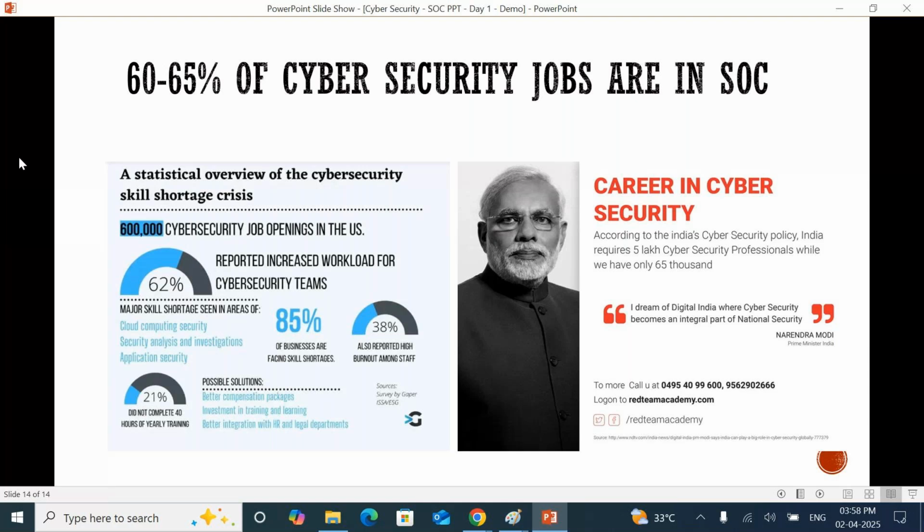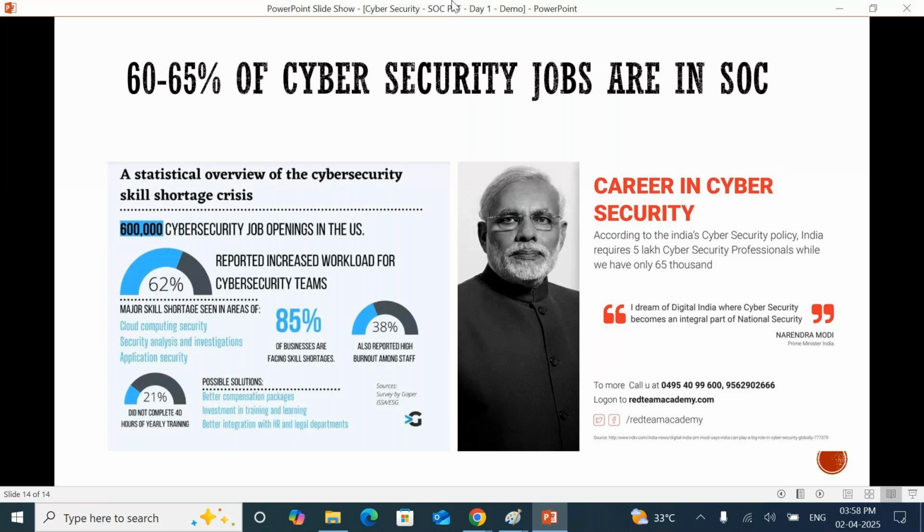Even a 62% major skill shortage is seen in the area of cybersecurity. That means in the next 3 to 4 years, rapid changes are happening in security, sir, so a lot of openings are available in the cybersecurity module, especially in the SOC module.